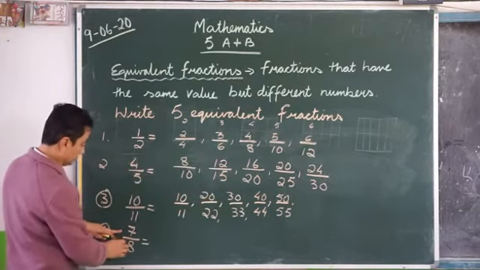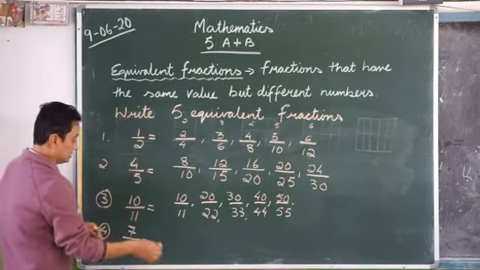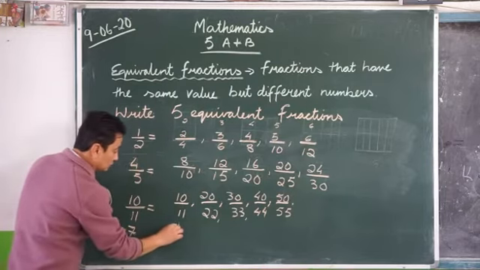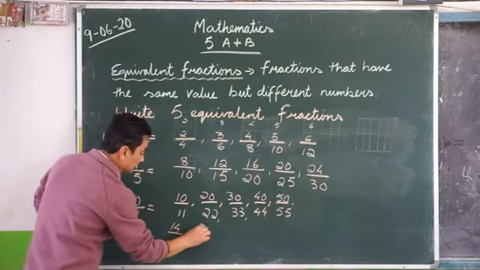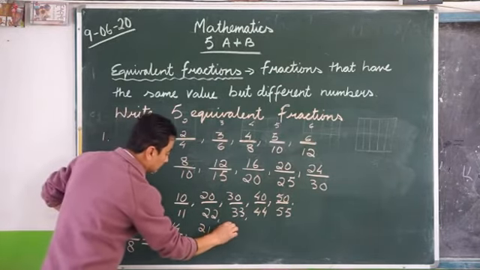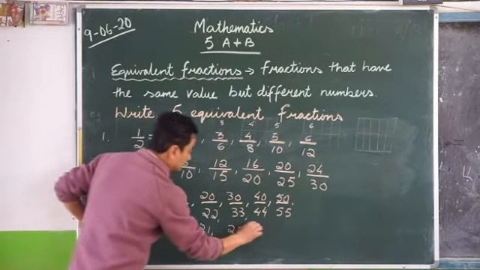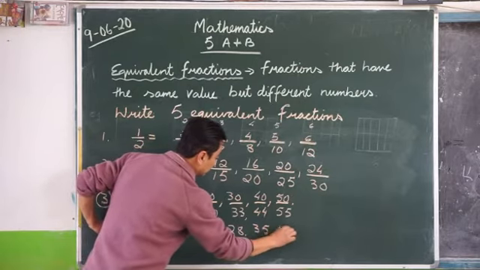Okay, now let's do this in this way, but with multiplication. Ready? 7 ones are 7, 7 twos are 14, 7 threes are 21, 7 fours are 28, 7 fives are 35, 7 sixes are 42.